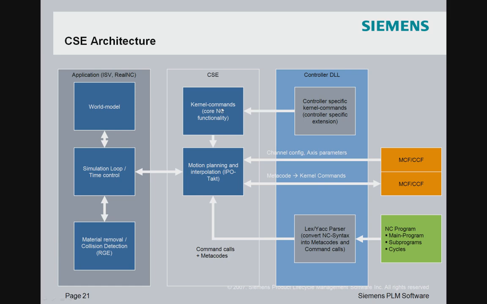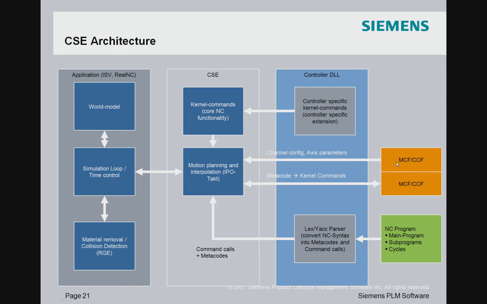That's the so-called kernel commands, and we will use the documentation that lists all these extensively. So with these commands you can, for example, tell CSE that a G0 is a linear movement in rapid mode, while G1 is a linear movement with a feed rate. So in the MCF you will make this assignment.